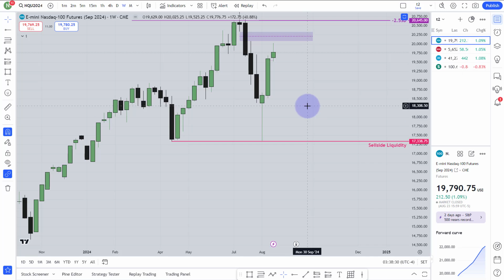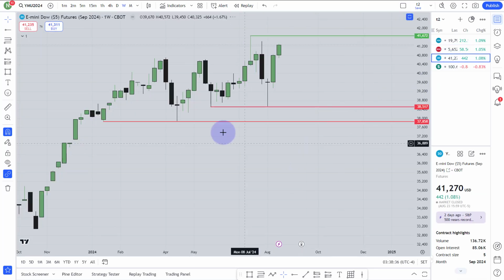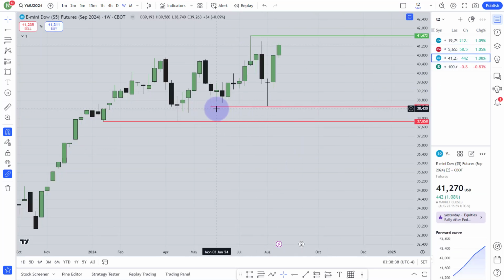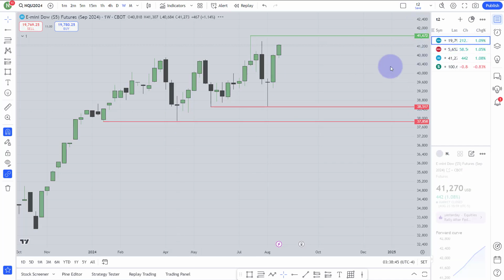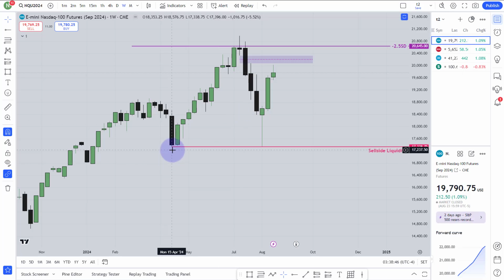Okay. So here, these are the relatively equal lows. Let me show you the Dow Jones. It has also made the weakness. Here, Monday 15th April 2024. See this low and that low. They are relatively equal lows.